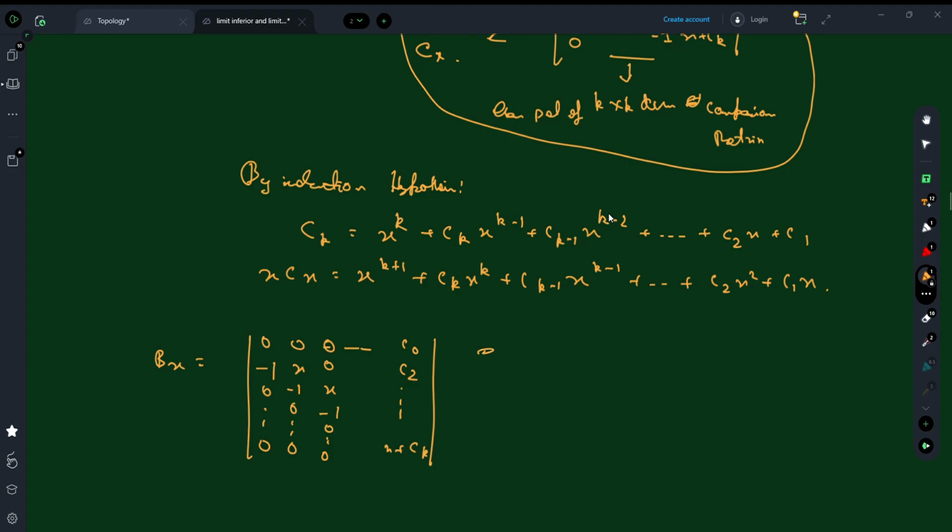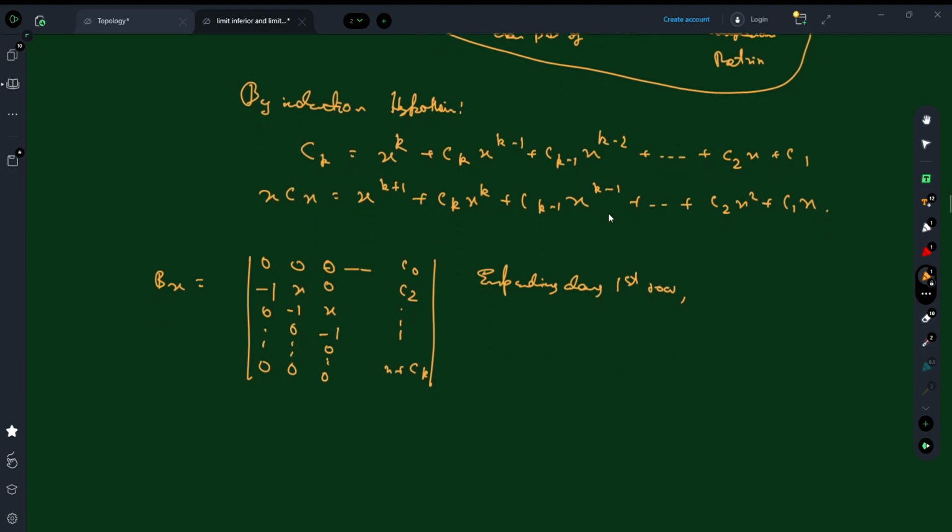Now expanding along the first row, if we expand this along the first row, then we get C0 times the determinant of this matrix.